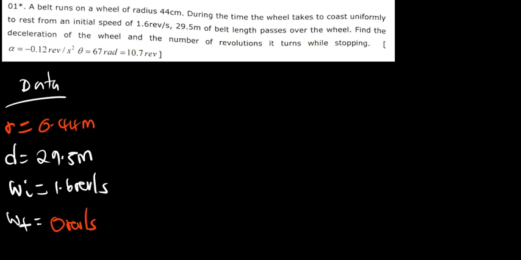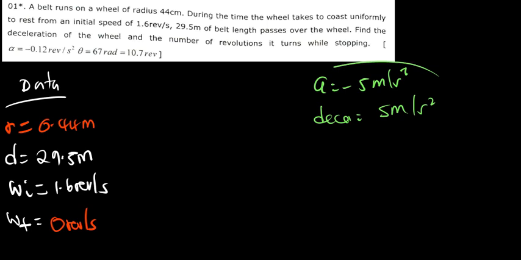Let me emphasize something. If I tell you that acceleration is equal to negative 5 meters per second squared, and another one tells you the deceleration is 5 meters per second squared, this is the same thing.